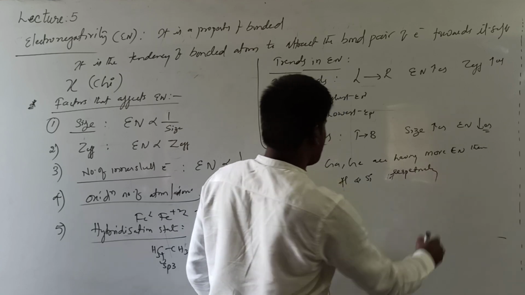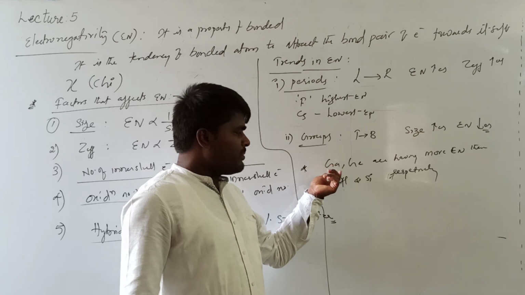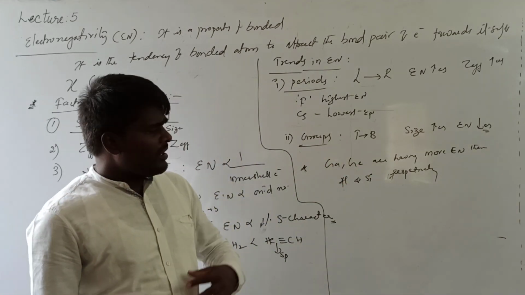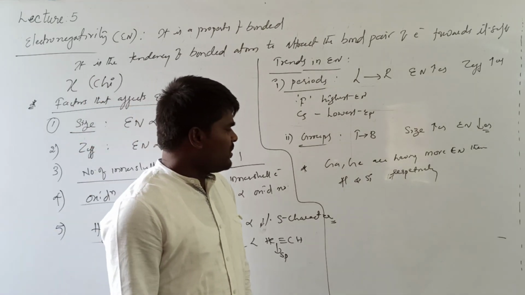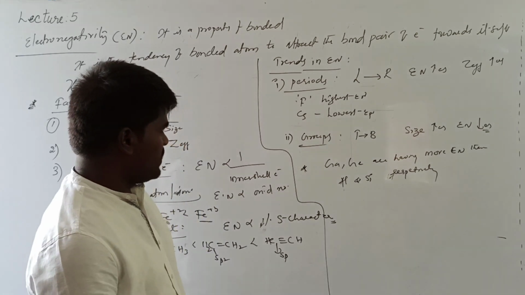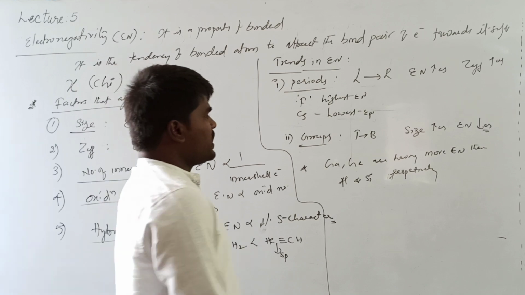Down the group, generally aluminum is expected to have more electronegativity than gallium, and silicon is expected to have more electronegativity than germanium, but the lower ones are not less. The reason for this is generally called transition contraction. These are the few exceptions that are associated with electronegativity.